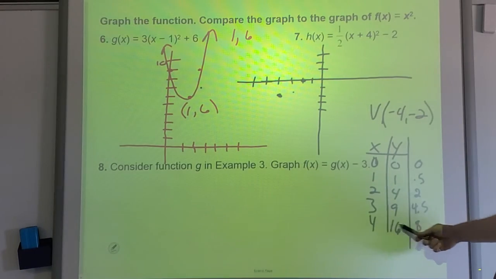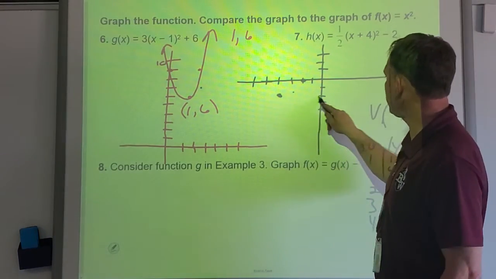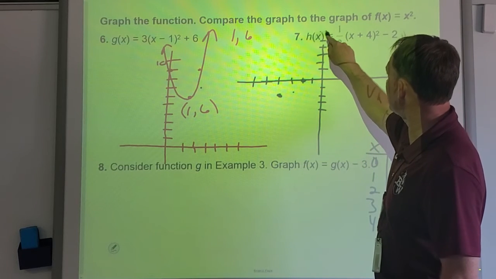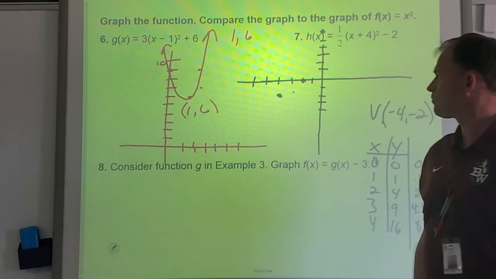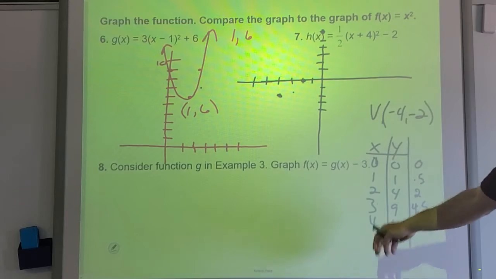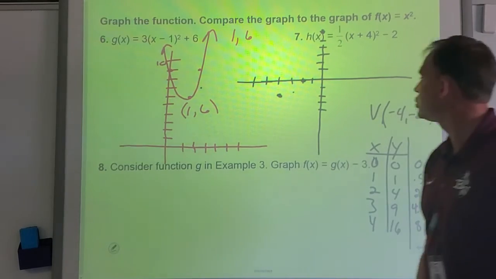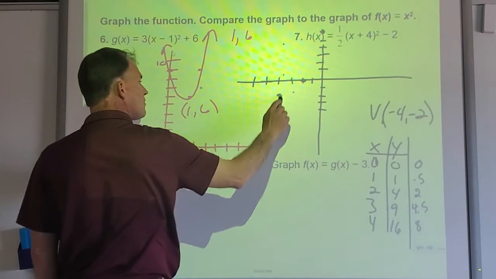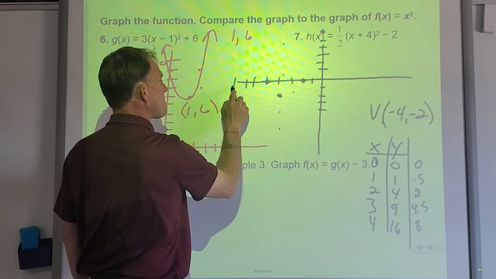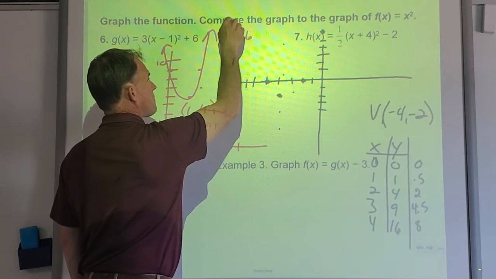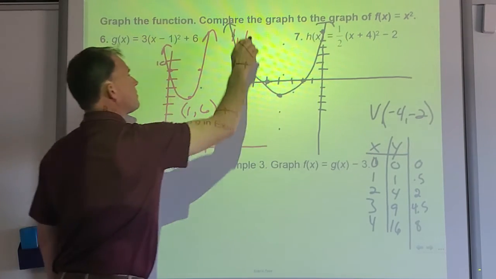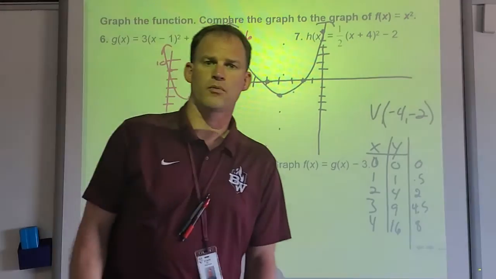I want to mess with halves, right 4 up 8, right 4, 1, 2, 3, 4, 5, 6, 7, 8. You're right there. Okay? So I use the original, adjust for the stretch, and then use my symmetry to finish out my parabola.